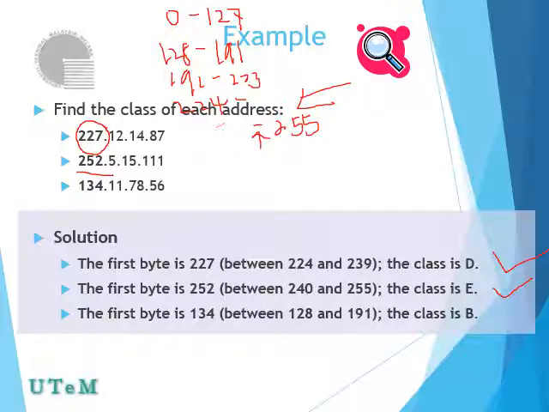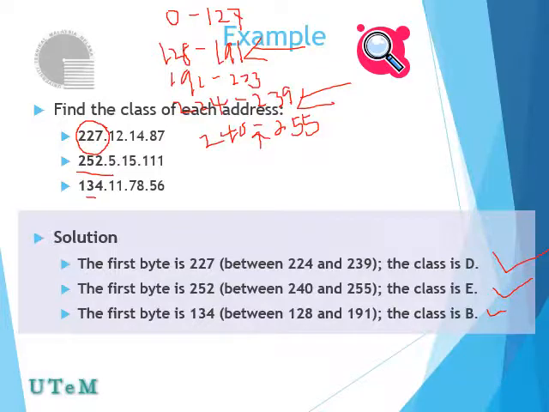So this is 239, and this is 240, and 240 onwards is class E. So 227 is class D, and 134 is class B.